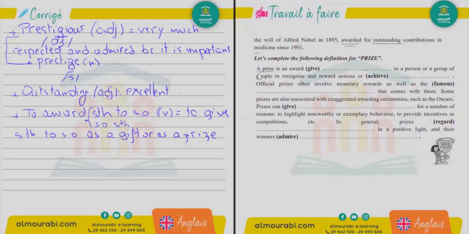So that's it here. We will check the meaning of the word prize itself here. So as we said, prize or an award, anyone to put the right form of the verb give here? Given, very good. So that's an award given to a person. Lena, would you continue? To a person or a group of people to recognize their actions or achievements. Okay.